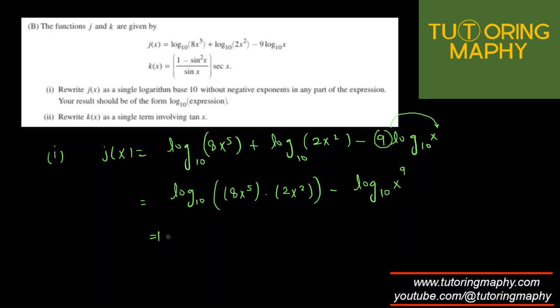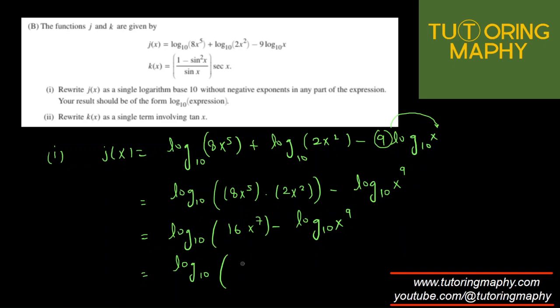I'm just going to simplify this. So this is log with base 10 of 8 times 2, which is 16, and x raised to 5 times x squared is, as per the properties of exponents, the powers add. So 5 plus 2 is 7, and I write 7 here, and that remains as it is. And finally, log a minus log b is log of a over b, right?